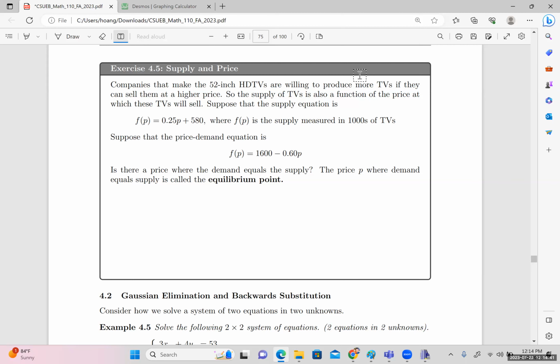We can also determine the price to make it consistent. And when we match these two cases, where the demand and the supply equal each other, we will have a point called the equilibrium point.